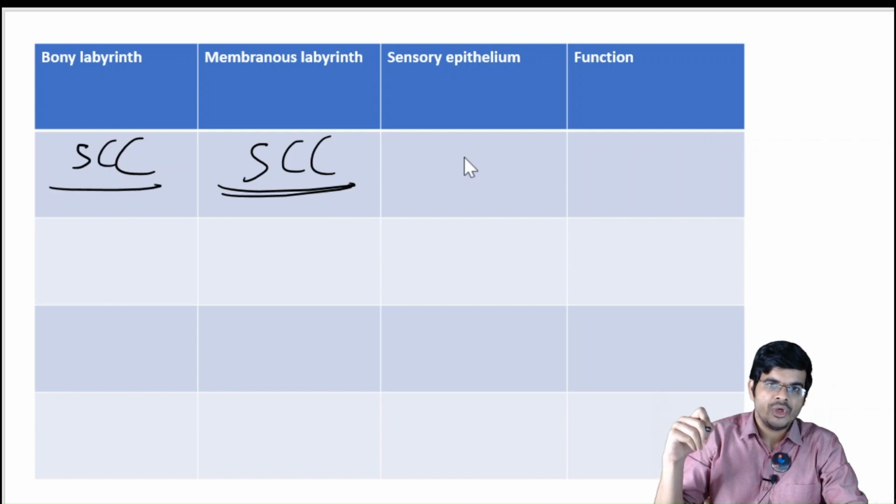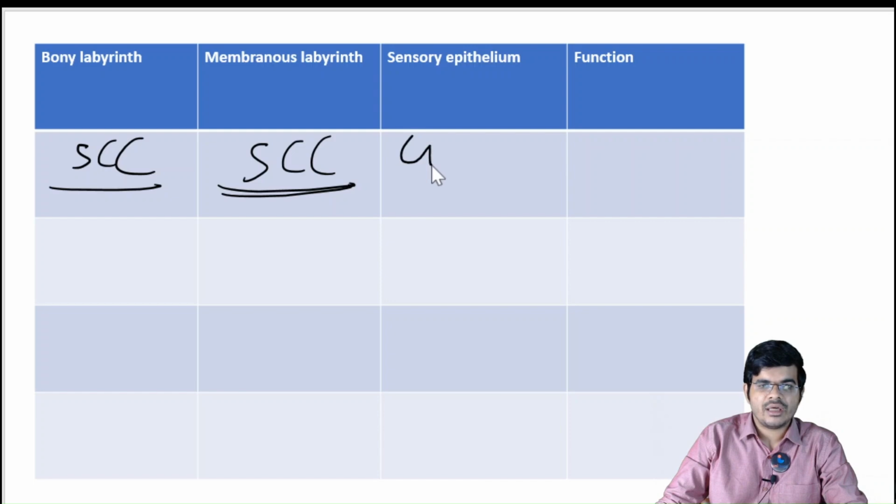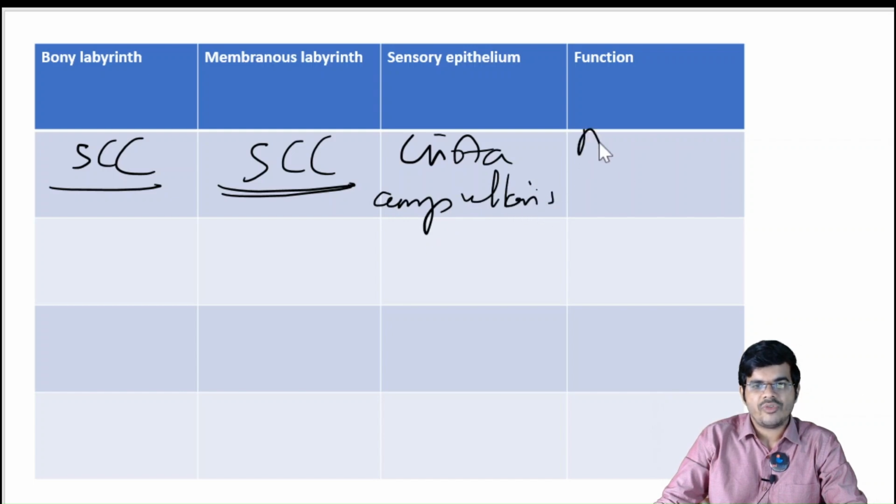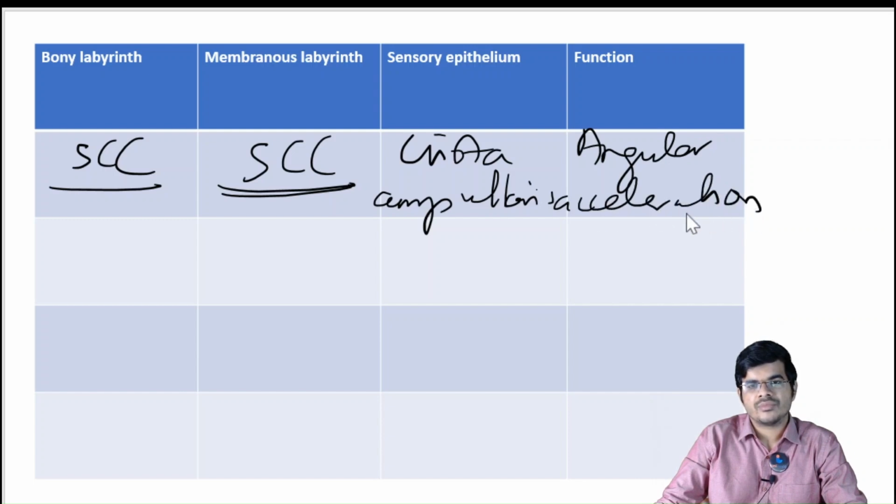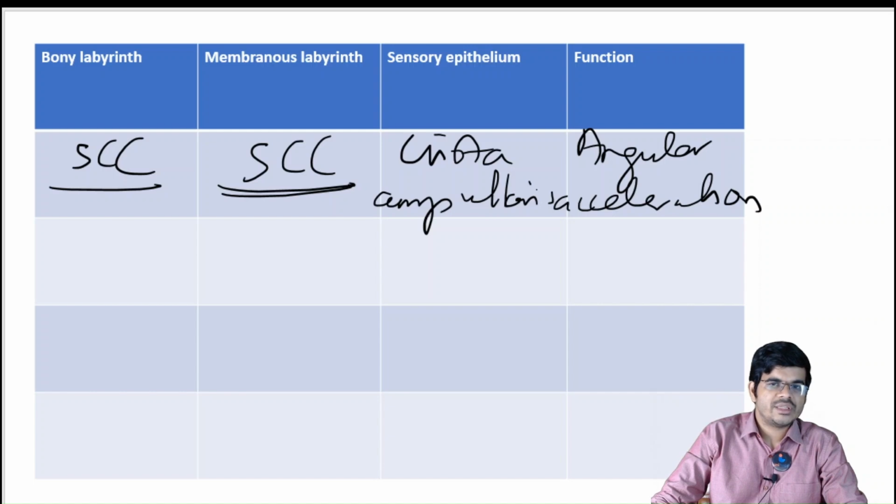I already told you, crista, C for C, and it is seen within the ampullated ends, hence it is called crista ampullaris. Now the function is in angular acceleration.